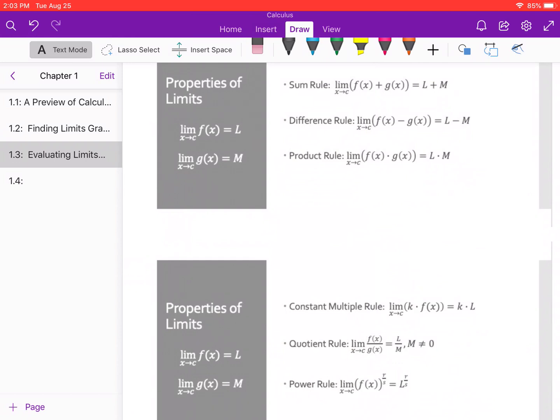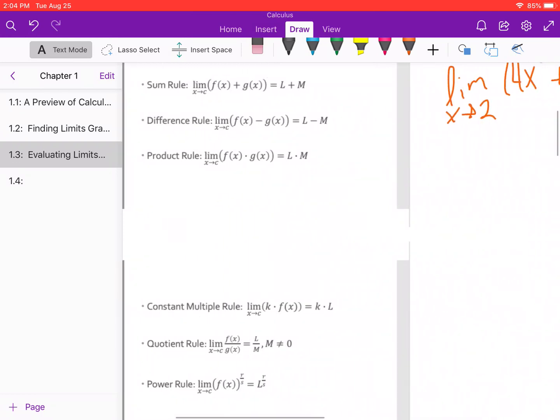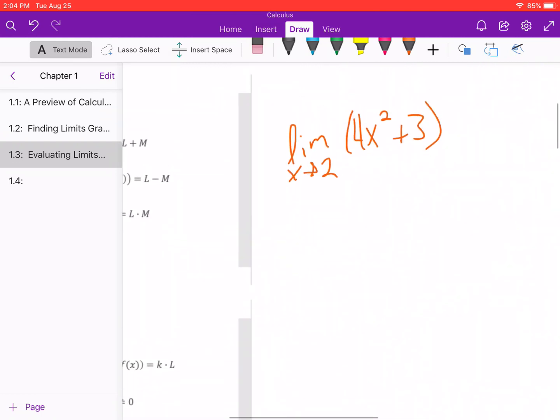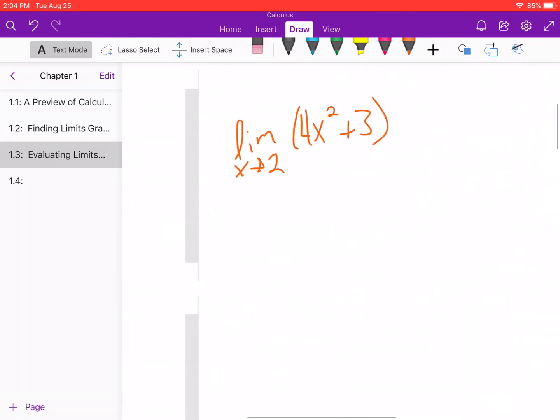The quotient rule, take the limit of the top divided by the limit of the bottom, granted that the limit of the bottom is not equal to 0. And the power rule, if you have a function raised to a power, just take the limit of the function raised to the power. So let's do an example here.